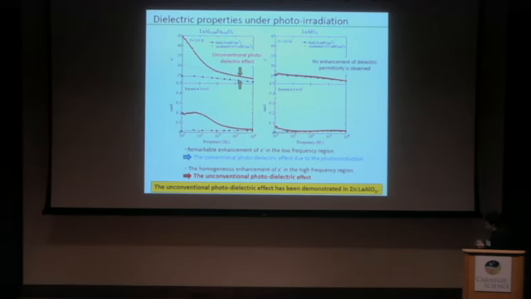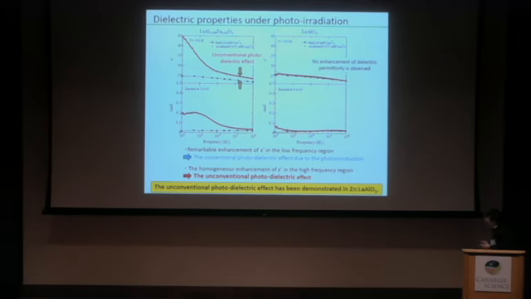You can see in the low frequency region, the dielectric permittivity and tangent delta are remarkably enhanced due to photoirradiation. In addition, the dielectric relaxation is observed in the low frequency region. These are conventional photodielectric effects due to photoconduction.